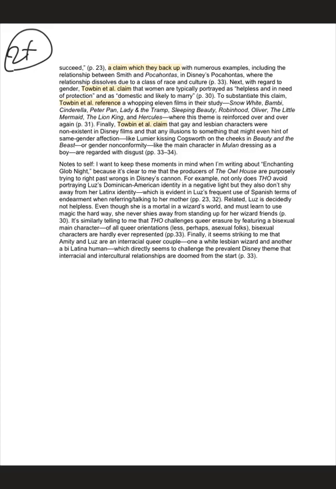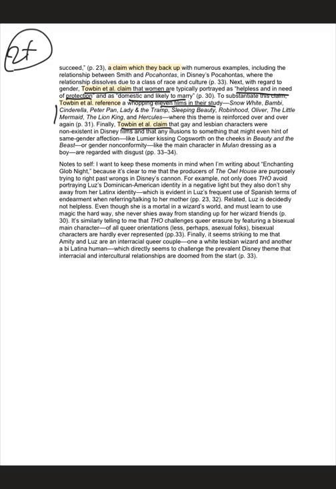So let's look at another one. Tobin et al. claim that women are typically portrayed as helpless and in need of protection, domestic and likely to marry. And then the evidence of that are the whopping 11 films in their study, and then we've listed them, that show how that theme is reinforced over and over again. Just in case you're curious, here's another example.